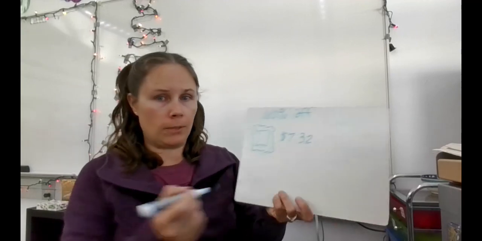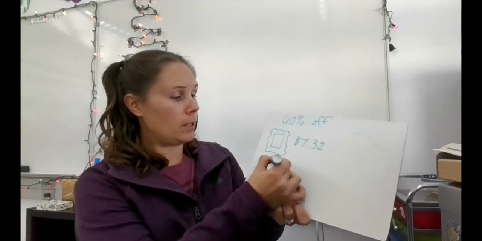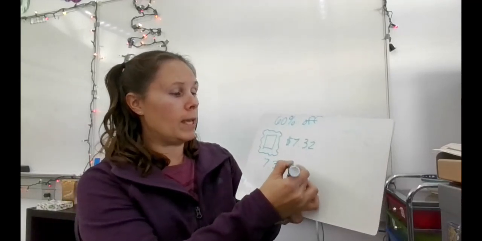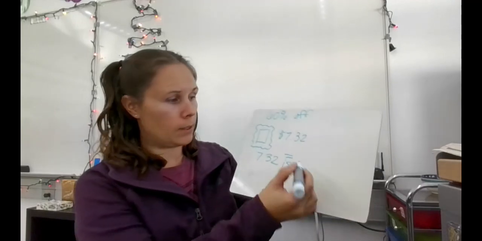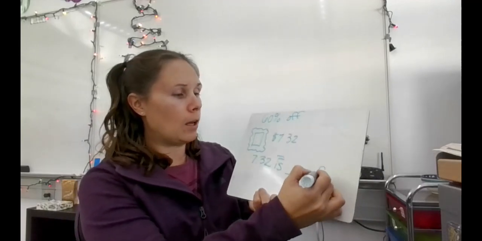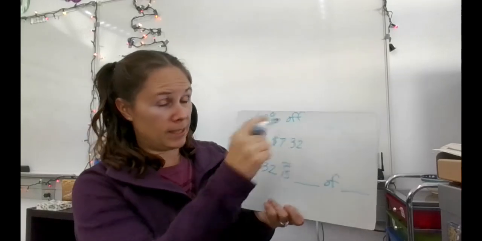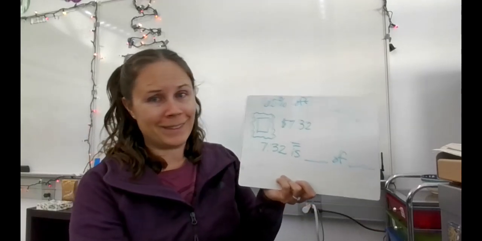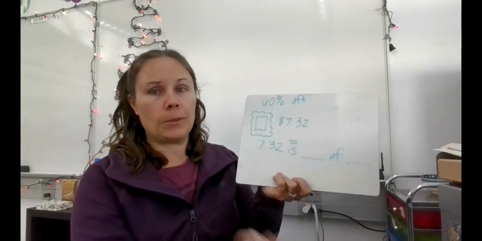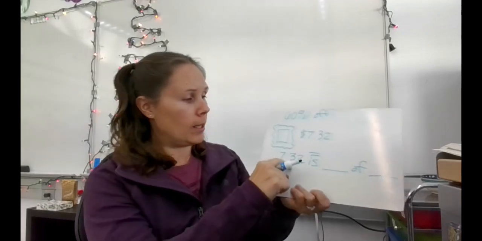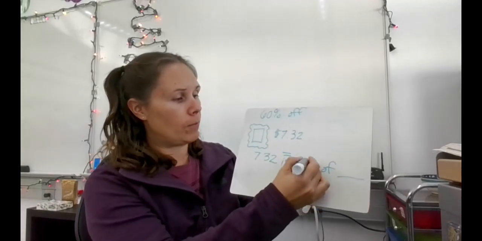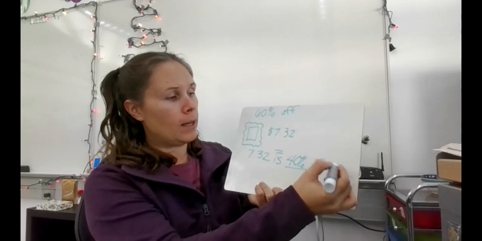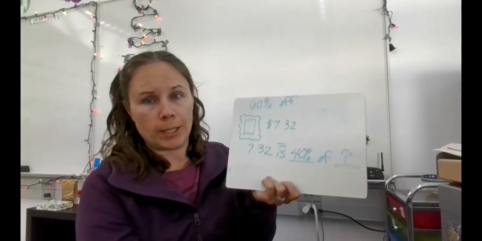So what do we have to do? We have to write our sentence. 7.32 is, remember what that means, some percent of some total. Is it 60% of the total? No, 60% went away and this was left. So it's 40% of some total that we don't know.